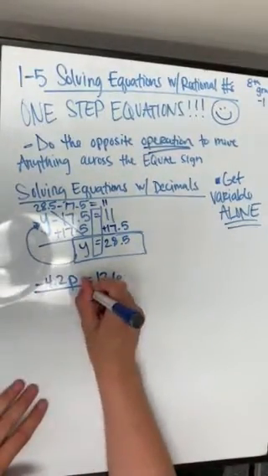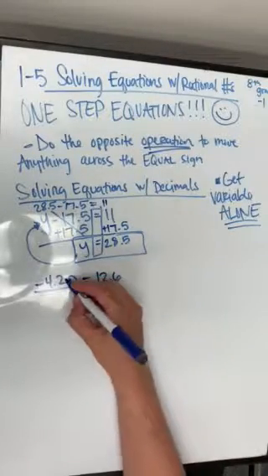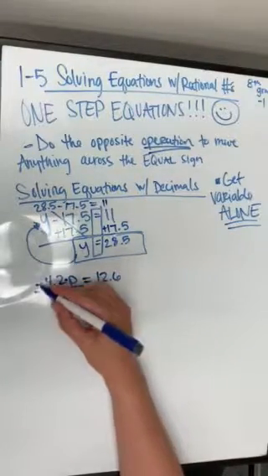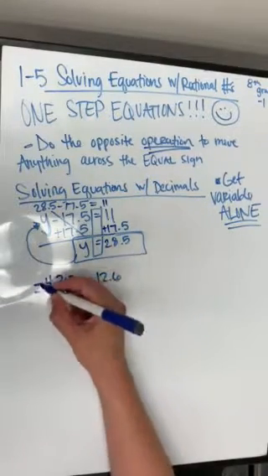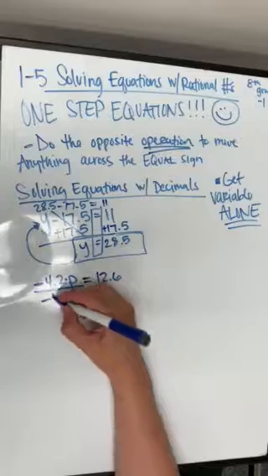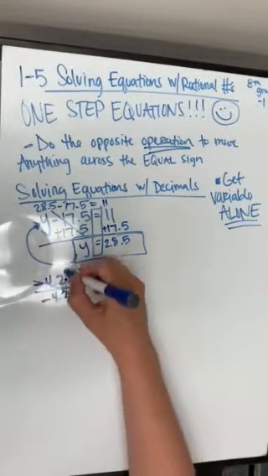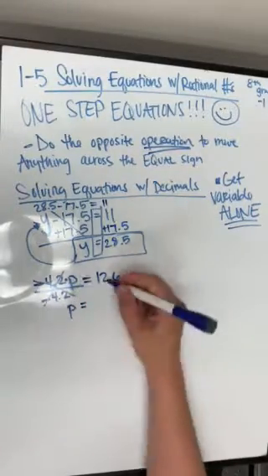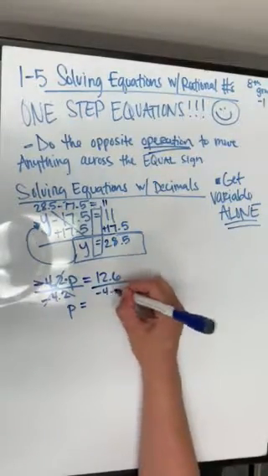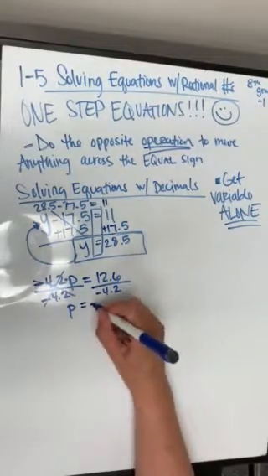When we divide, it's important that you realize that the opposite operation of times is divide, not changing this negative out here. We have to divide it by a negative over here so that this becomes just a positive p because we need our p alone. And so over here, when we divide by a negative 4.2, we will get that answer to be a negative.